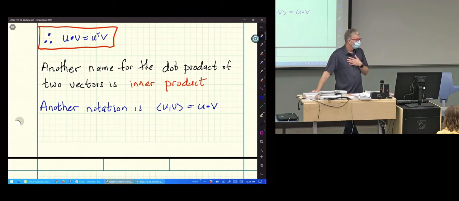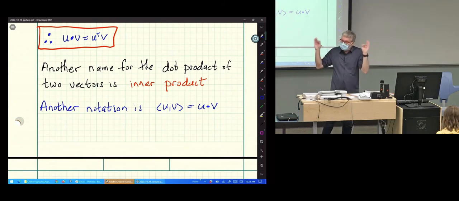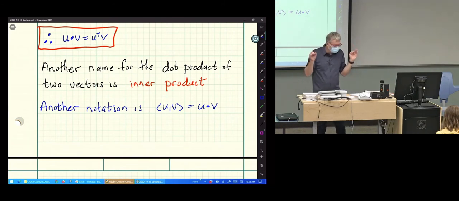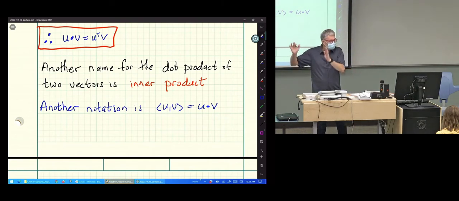In most of the control courses and things, we use the word inner product, but each little subgroup of applied mathematics type people have their favorite notation and their favorite vocabulary. It's sort of like tribes, okay?